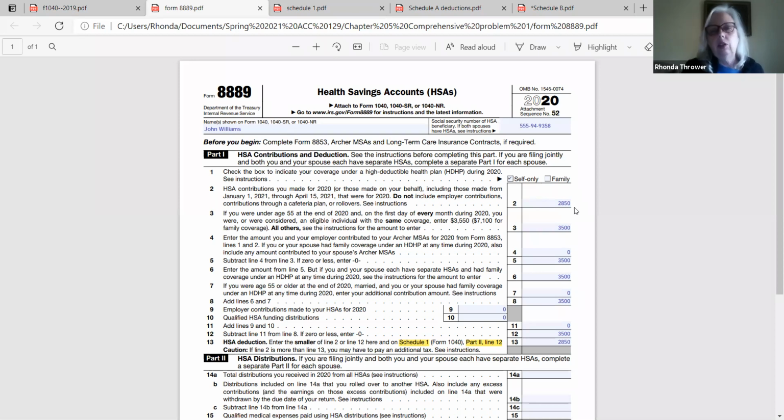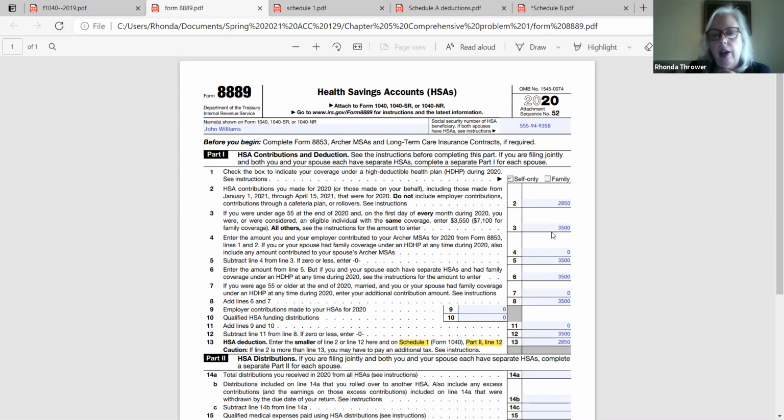The next thing you need to do is figure out what his age is. And according to your instructions, his birth date was 1976. So that makes him around the age of 45. And so it says in line 3, if you were under age 55, which he was, then you could add to this an amount, which for 2019 is 3,500.